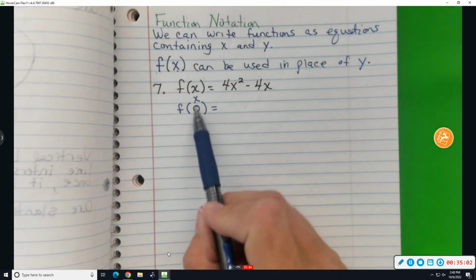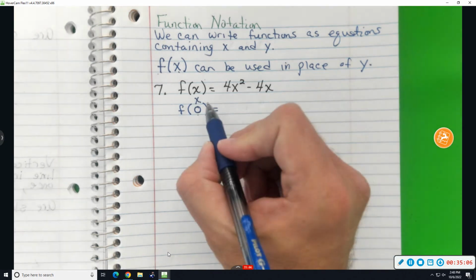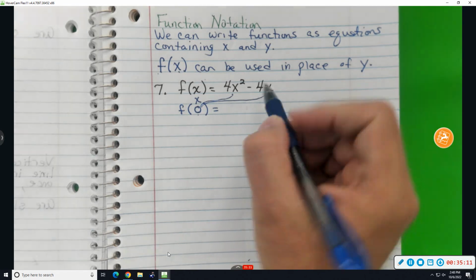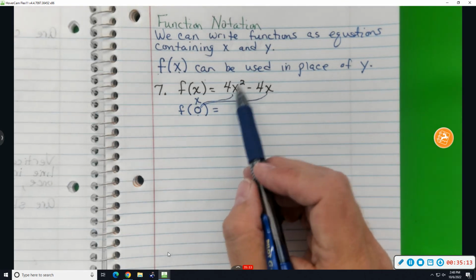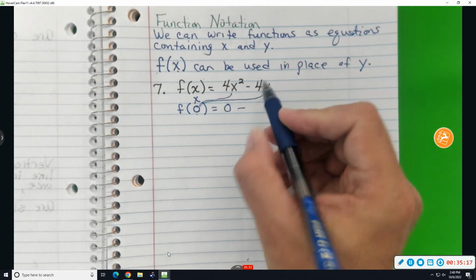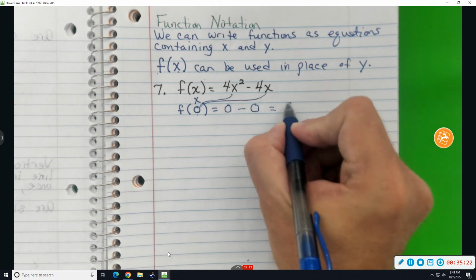So 0, the number in the parentheses, that's the x. Plug that 0 in for x, and what are we going to get? Well, 0 squared is 0, times 4 is 0. 4 times 0 is 0. Function of 0 is 0.